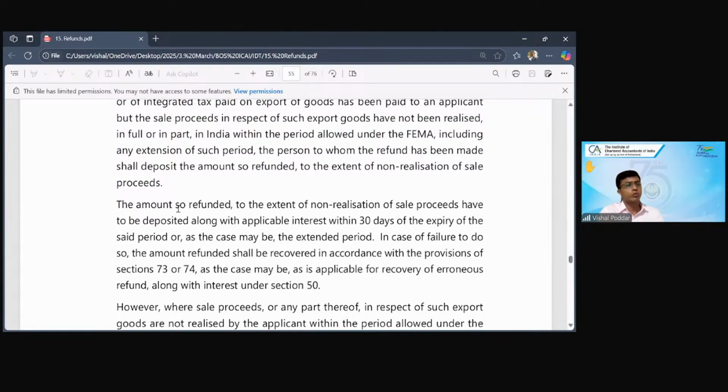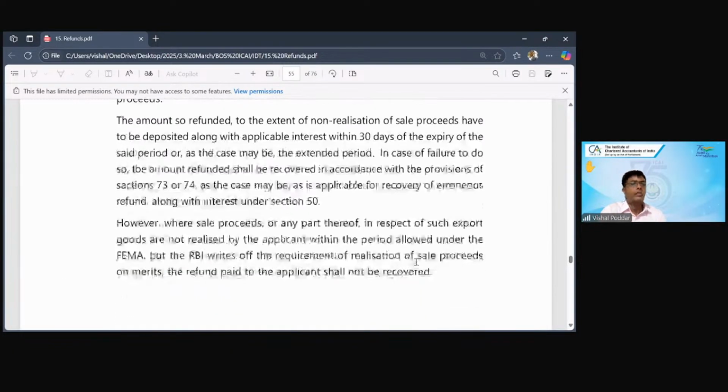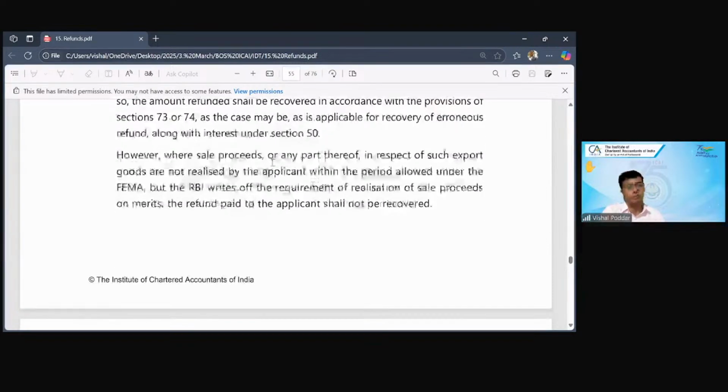How? The amounts so refunded to you, to the extent of non-realization of sale proceeds, have to be returned along with interest within 30 days of the expiry of the above period. In case of failure to do so, the amount shall be recovered as per provisions of Sections 73-74.